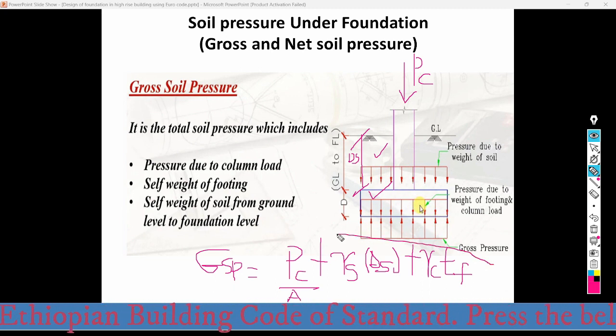This gross soil pressure should not exceed the allowable bearing capacity of the soil, that is Q allowable. Such kind of soil pressure is called gross soil pressure.